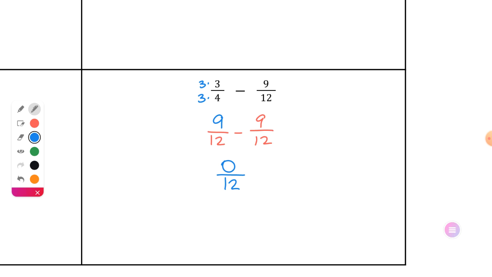Isn't that nice of her? How much does each of them get? 0, because she has nothing to share. So 0 twelfths isn't the best answer. 0 is the best answer. And you can also think anything minus itself is always 0. 5 minus 5 is 0. 3 minus 3 is 0. 9 twelfths minus 9 twelfths is also 0.